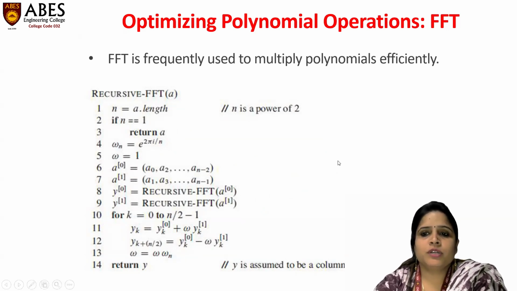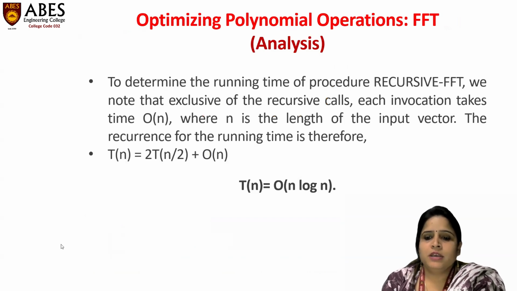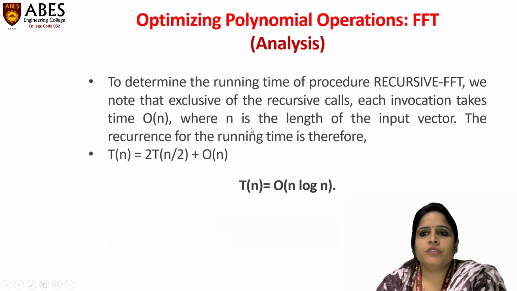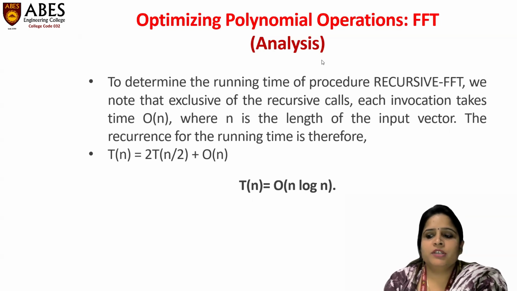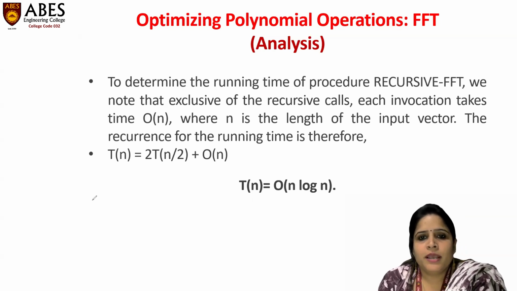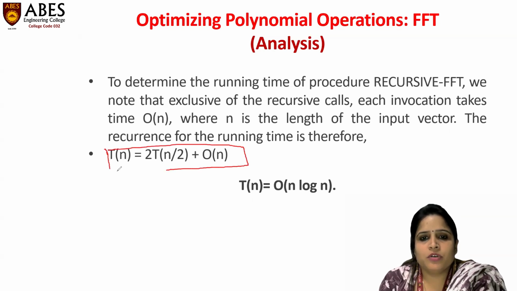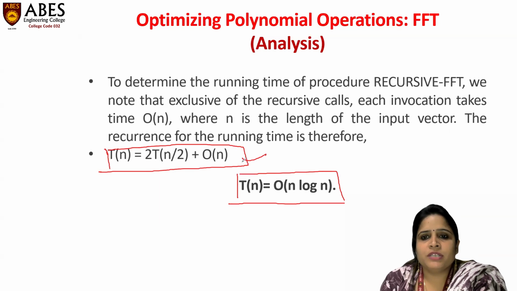So the time complexity in that case: first we'll write the recursive equation of this algorithm, that is 2T of n by 2 for recursively solving the polynomial operations. And after that, we combine the recursive solutions into a single solution. So the combining cost is order of n. If I solve this equation using the master method, the time complexity in that case is T of n equal to order of n log n.